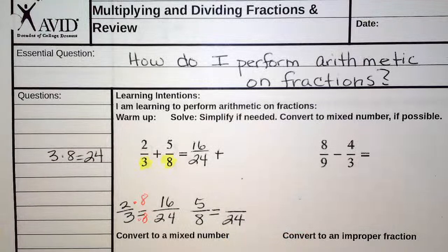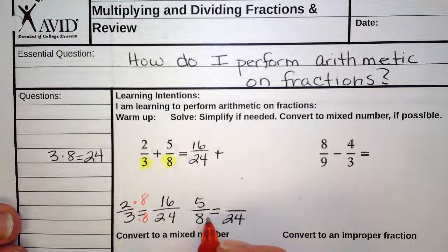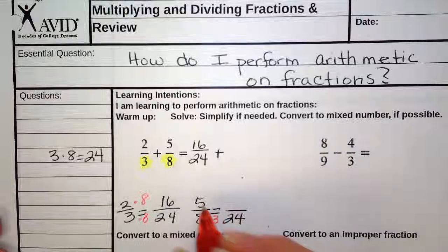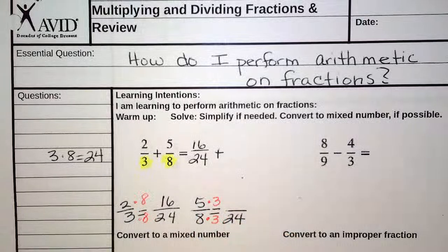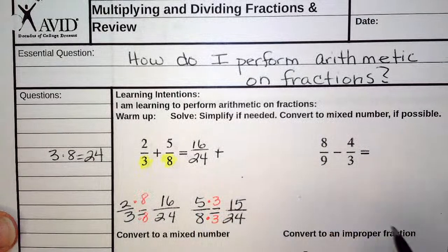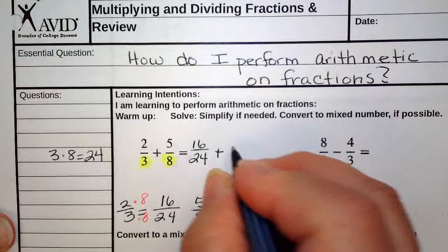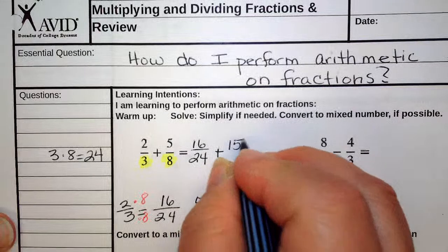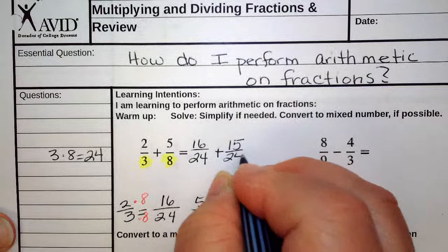This time I have to multiply by 3. 8 times 3 is 24. 5 times 3 is 15. It now becomes 16 over 24 plus 15 over 24.